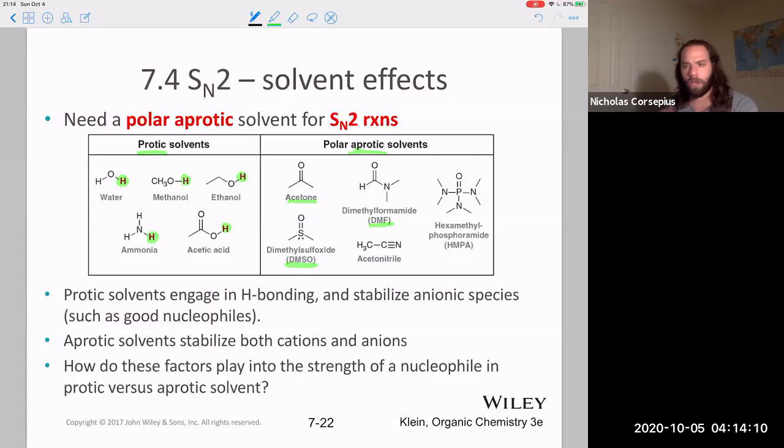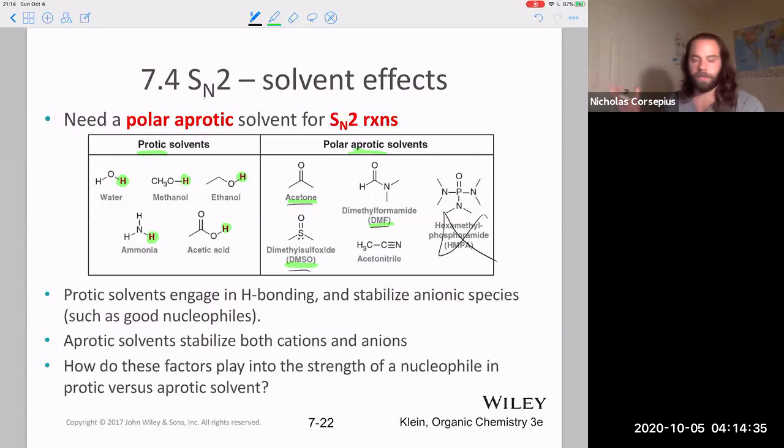DMSO is about as close to the polarity of water as you can get without being protic. Acetonitrile, fine. This thing, I've never even heard of in my life. Probably important somewhere, but anyways. These are the big ones that I think you should really try to remember: acetone, DMF, and DMSO.